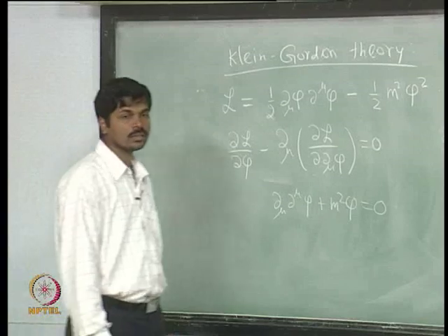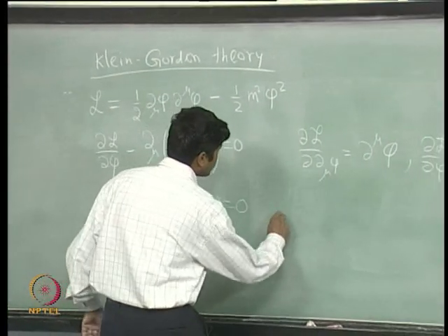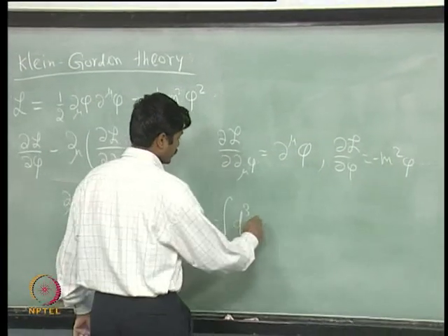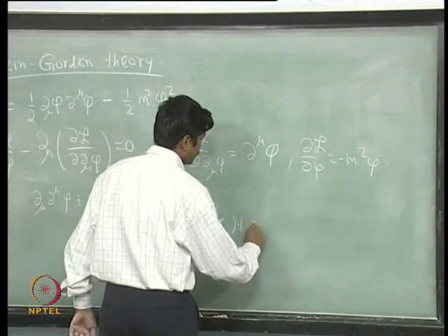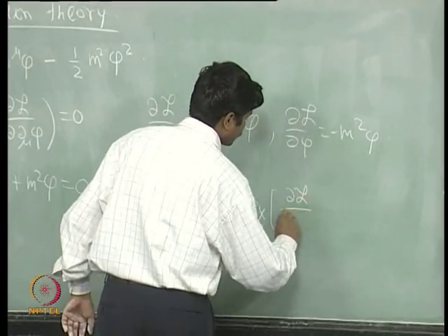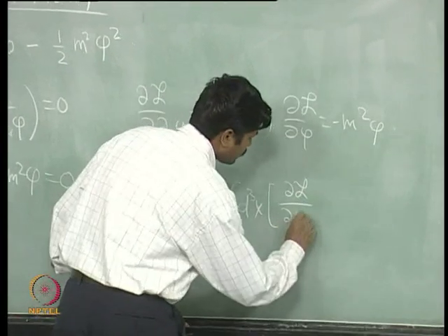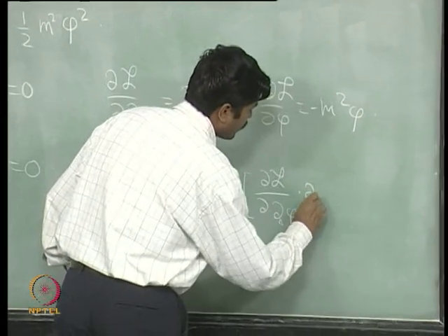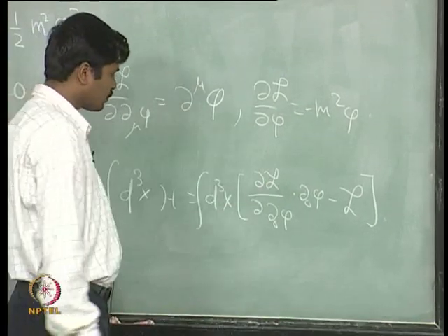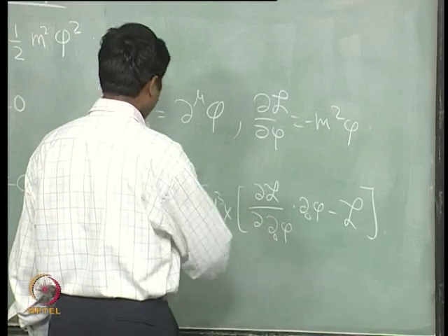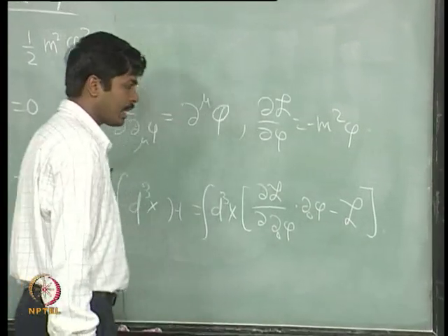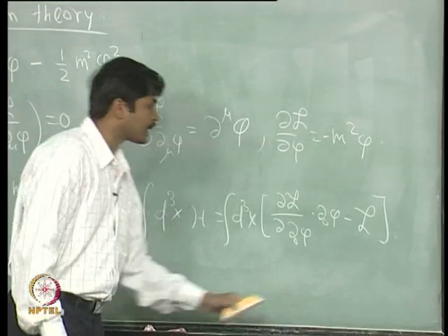What is the Hamiltonian of the system? The Hamiltonian is the integral of d cube x times the Hamiltonian density h, which is just del L over del of del 0 phi times phi dot minus L. We can evaluate this, it is very straightforward.